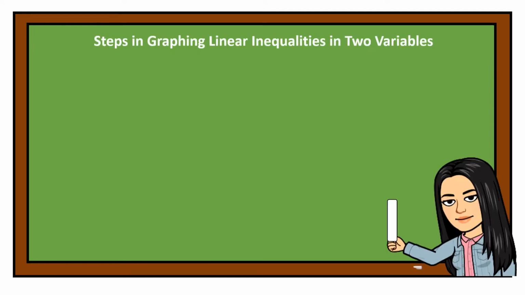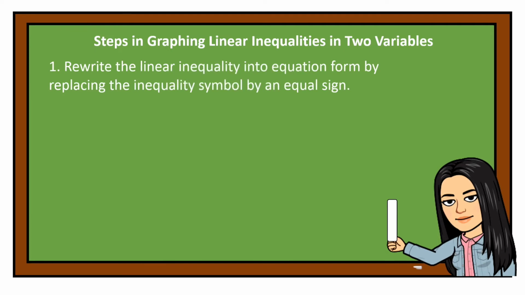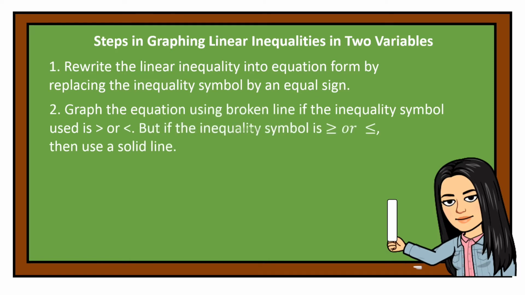So, these are the steps in graphing linear inequalities in two variables. So, step 1, rewrite the linear inequality into equation form by replacing the inequality symbol by an equal sign. Second, graph the equation using broken line if the inequality symbol used is greater than or less than.